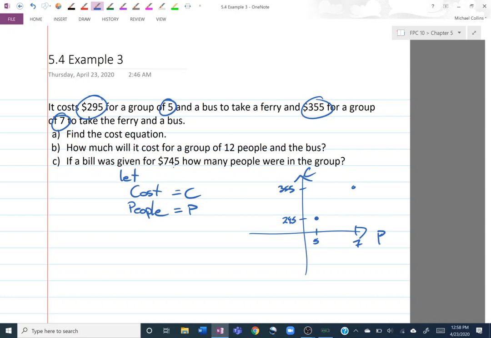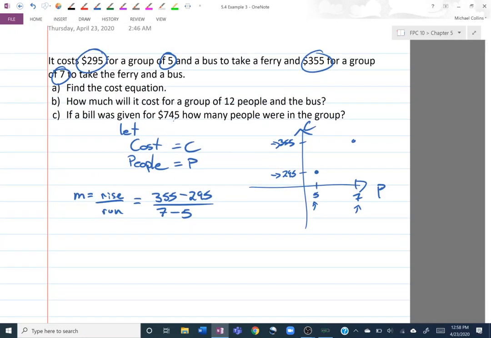So I can say my slope is rise over run, which is going to be 355 minus 295 for my rise, divided by my run, which is 7 minus 5, and I think I get 30. So my slope is going to be 30.